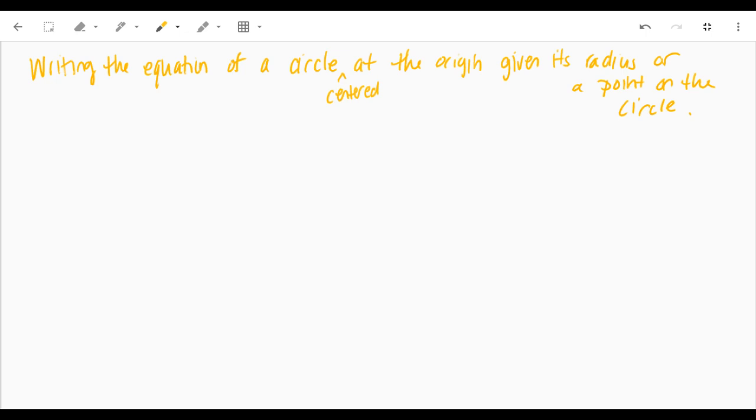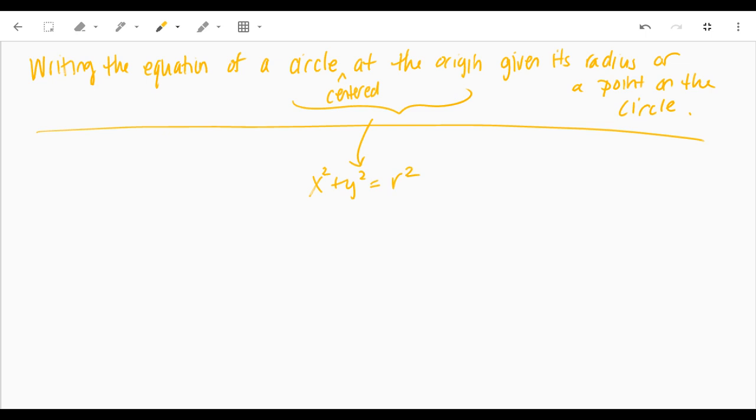So this one, they're going to make these pretty easy on you. Well, if it's centered at the origin, that means it's going to be x squared plus y squared equals r squared. We just got to figure out the radius.